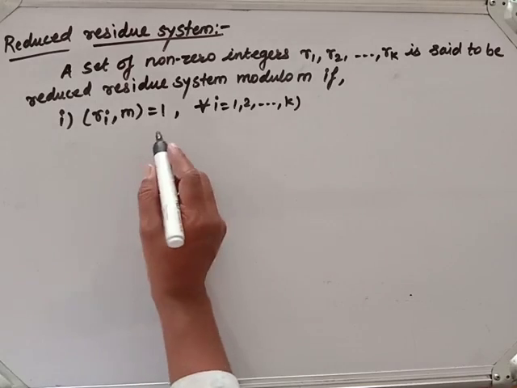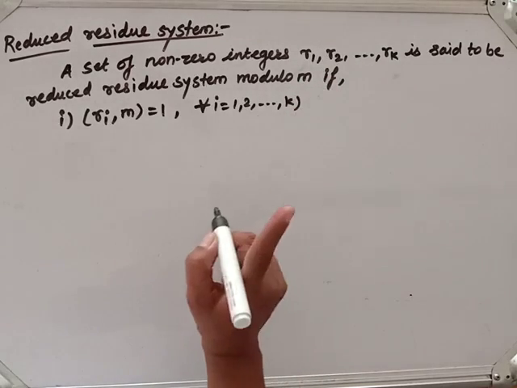If we take the GCD of each integer with m, then the GCD should be what?